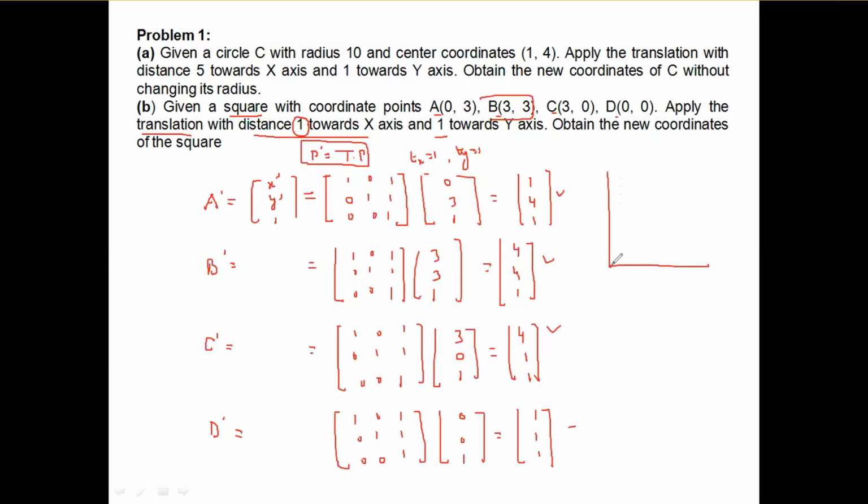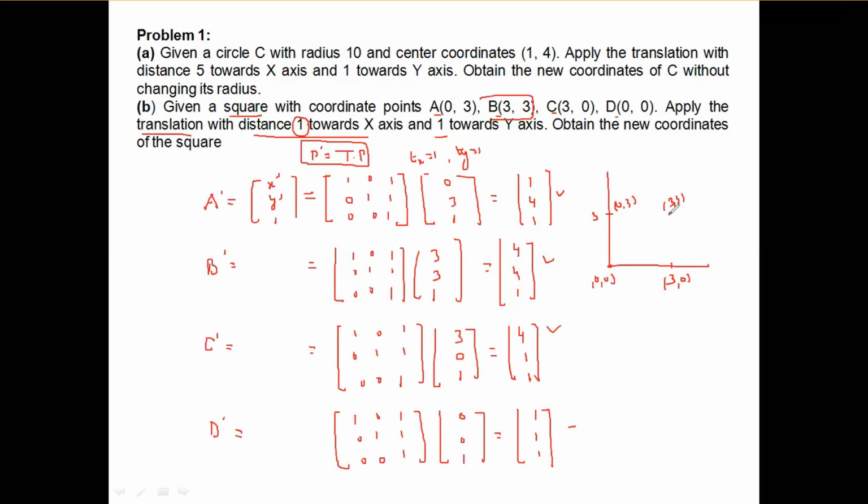So this is 0 and this is 3. So 0 3 is this, and 3 3. Let's say this is 3 3, and this is 3 0, and this is 0 0.